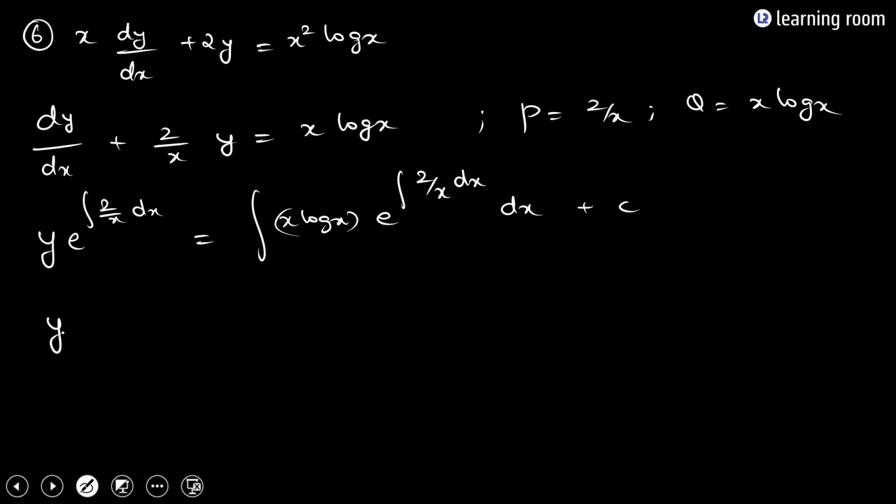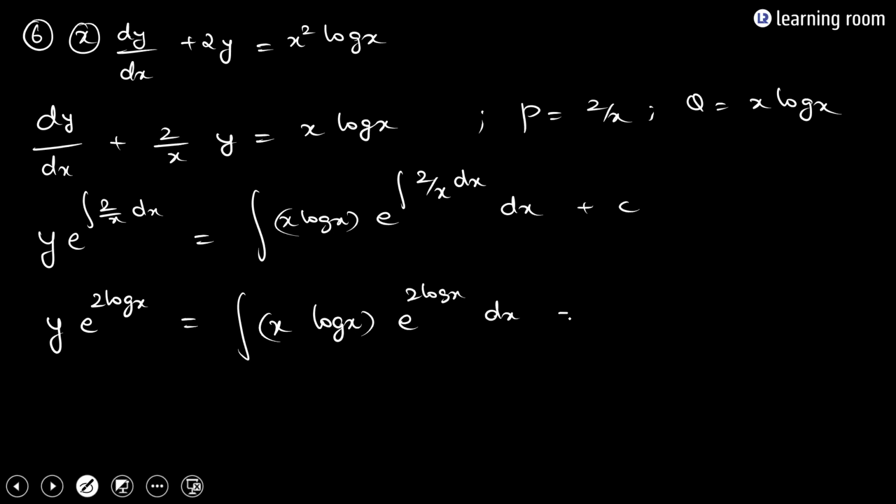So y into e power 2 by x integral is e power 2 log x. Why is it 2 by x? Because I divided with x on both sides. If you want to form a linear equation, the coefficient of dy by dx will be 1. So this should be equal to integral of x log x into e power 2 log x dx.